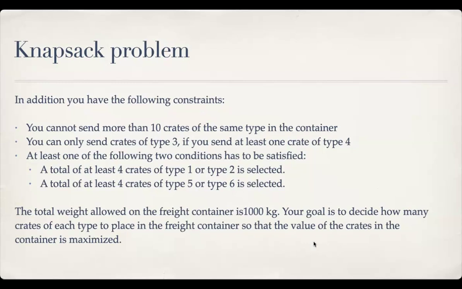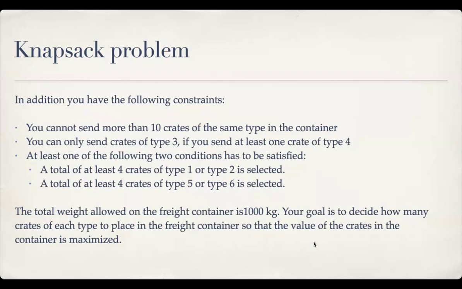And at least one of the following two conditions has to be satisfied. Either the first one or the second one. A total of at least 4 crates of type 1 and type 2 is selected, or a total of at least 4 crates of type 5 or type 6 is selected. What does it mean? It means you have two choices.